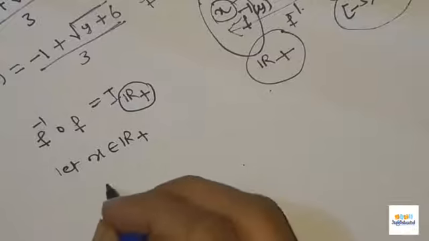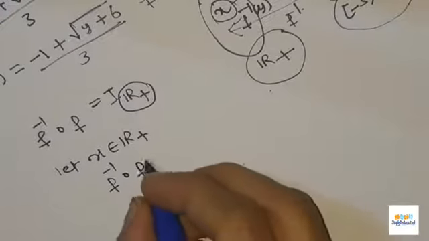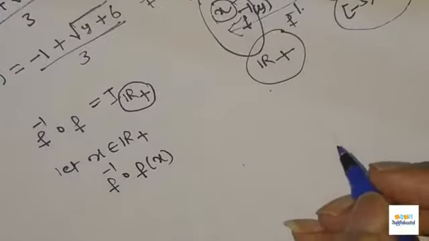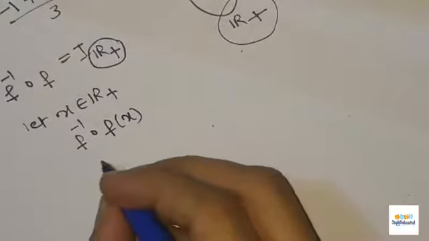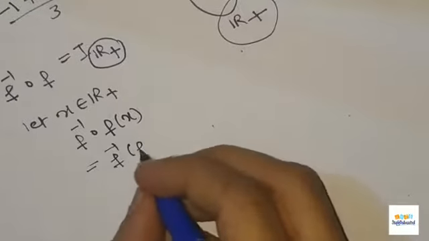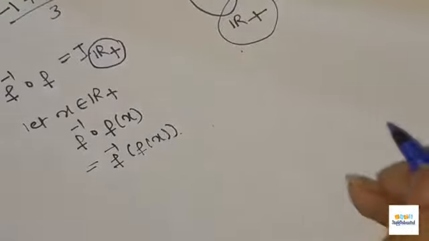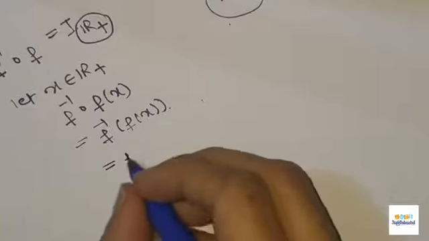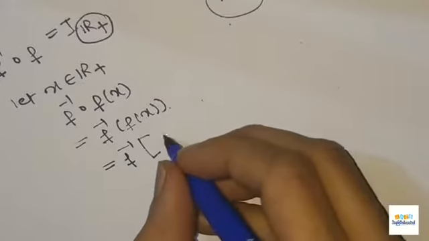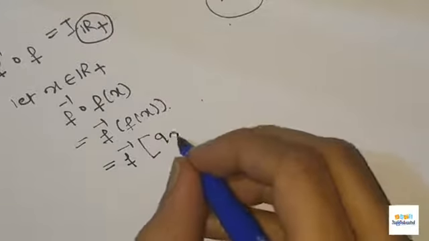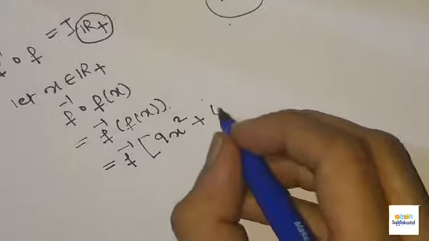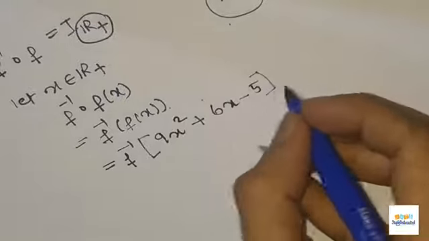So we take f inverse composition f of x. Now this will be equal to f inverse of f of x, where f of x is defined as 9x square plus 6x minus 5.